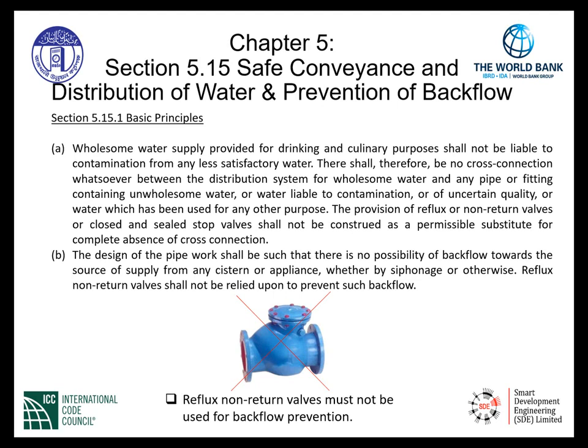In other words, you want to maintain that wholesome, potable water maintained throughout the system with no possibility of any cross-connection. B, the design of the pipework shall be such that there is no possibility of backflow towards the source of supply from any cistern or appliance, whether it is by siphonage or otherwise. Again, reflux non-return valves shall not be relied upon to prevent such backflow.